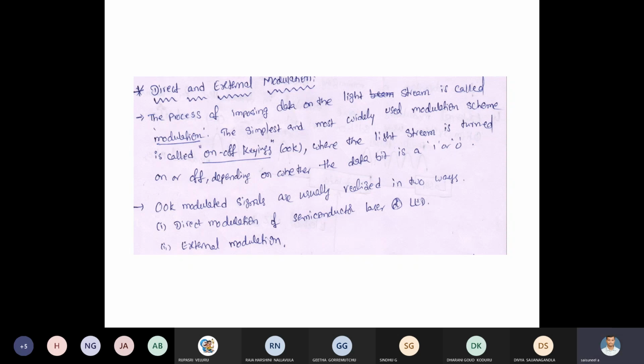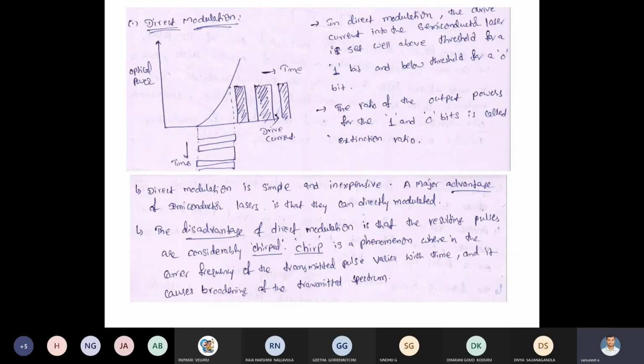This on-off keying modulation is realized in two ways, that is, how to implement on-off keying in real-time applications. The first one is direct modulation. The second one is external modulation.